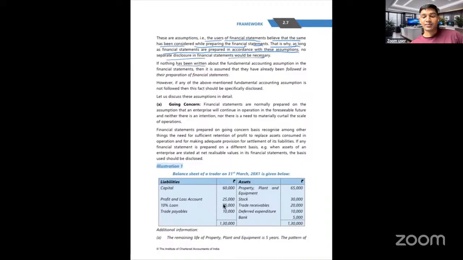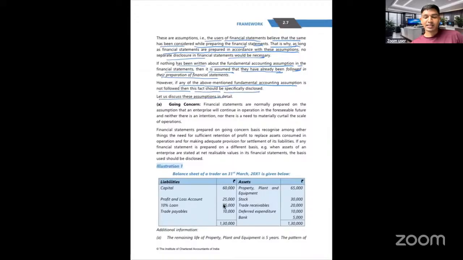If nothing has been written about the fundamental accounting assumptions, then it is assumed that they have already been followed in the preparation of financial statements. However, if any of the above mentioned fundamental accounting assumptions is not followed, then this fact should be specifically disclosed.